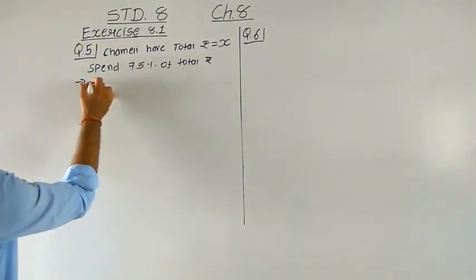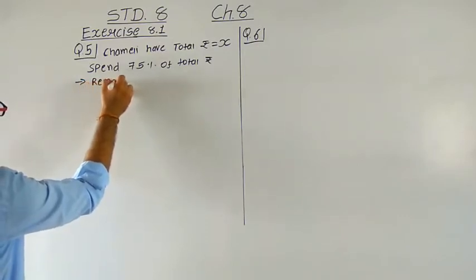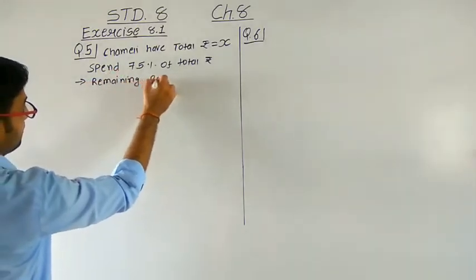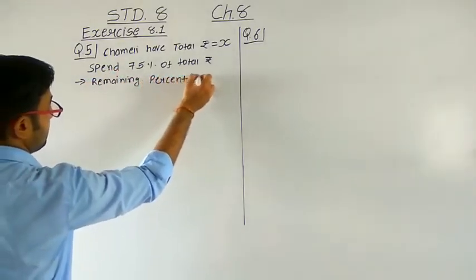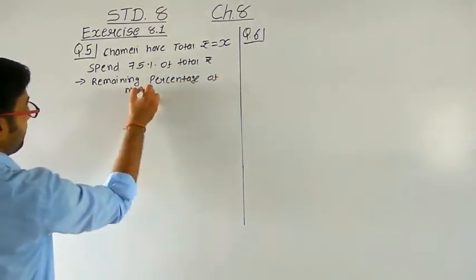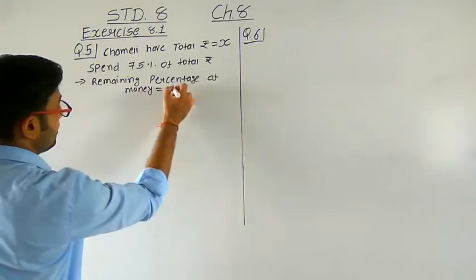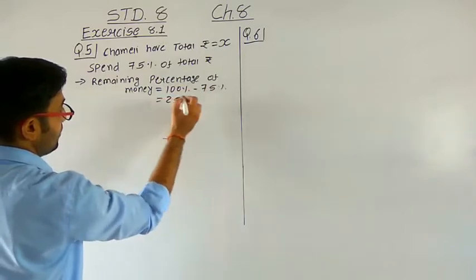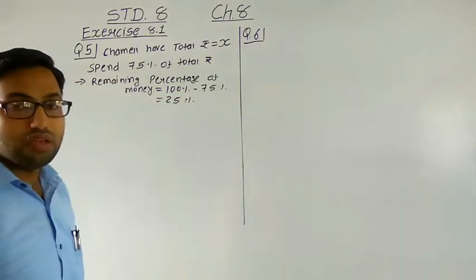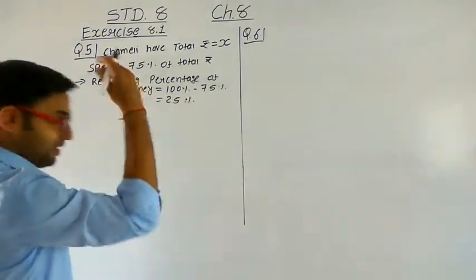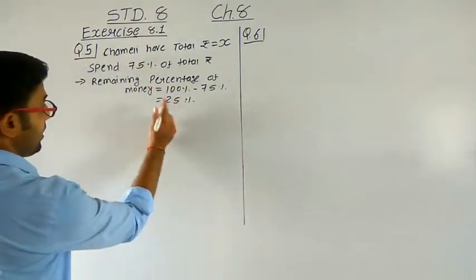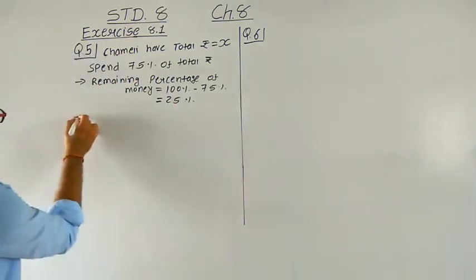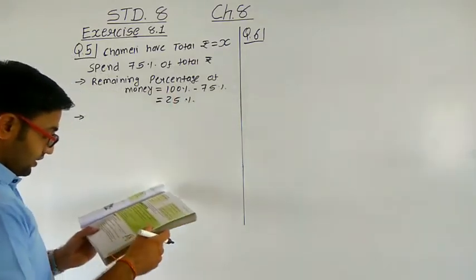So the remaining percentage of money is equal to how much? That is 100% minus 75%, and that is equal to 25%. It is obvious that if she spends 75% of the total money, she has now left 25% of the total money. And how much is left? 600.